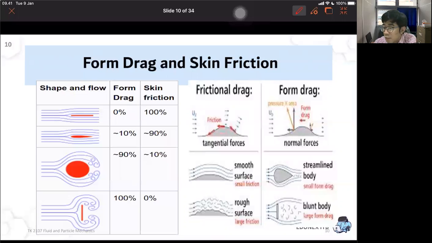We have form drag, which is the resistance created by the solid particle to the flow, and friction, which is between the fluid and the surface of the solid particle.